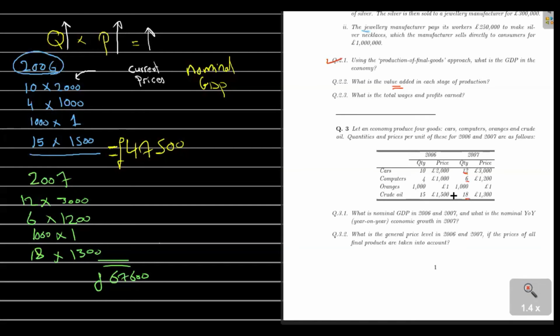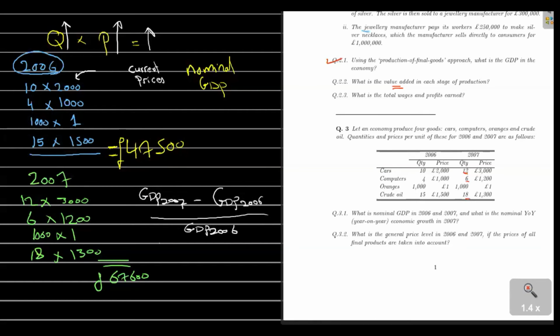So in our case, if we want to calculate economic growth in 2007, we would simply say GDP in 2007 minus GDP in 2006, divided by GDP in 2006.